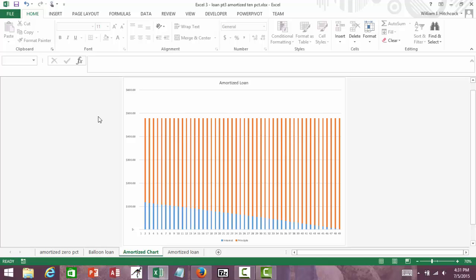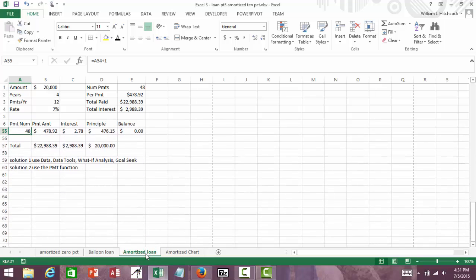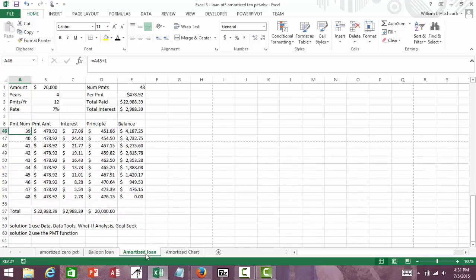Or if you want to do a line chart, it's not a bad way to do it. Surface charts work out as well. So we'll take our chart, move that to the end. There's my amortized loan. We'll save our file, and we've pretty well got that set.